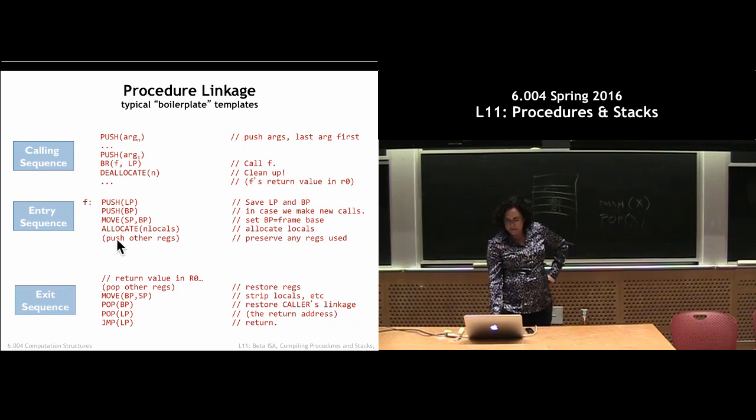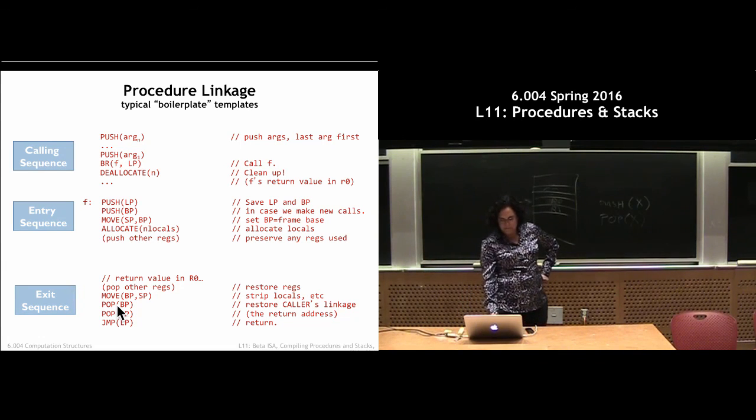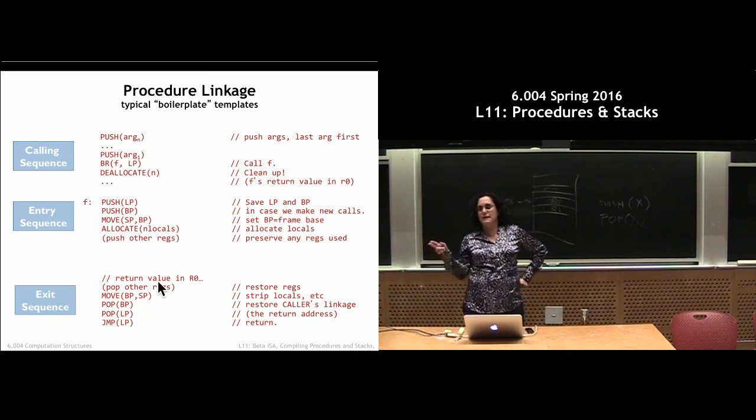On exit, you basically want to undo that. So if you pushed some registers, you would want to pop them, and of course you want to pop them in reverse order, just like we saw in the example with R0 and R1. You would then get rid of all of your local variables by moving the base pointer into the stack pointer, and once again making those two registers point to the same thing.